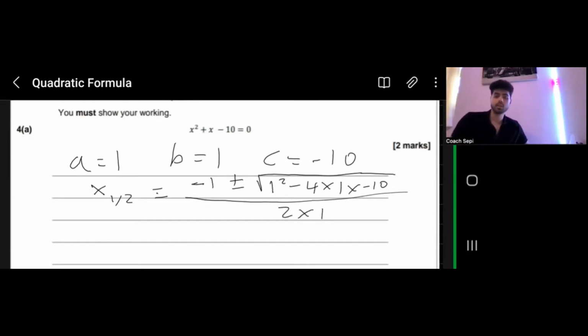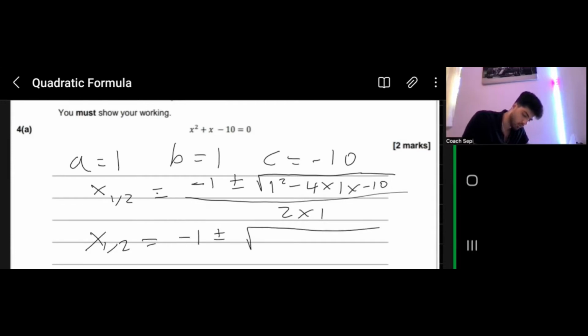Okay? And then we simplify this. So simply just write it again. And this time we have minus 1 plus minus square root 1 minus 4 times 1 times minus 10, which is minus 40.